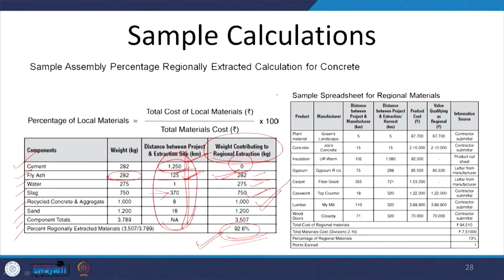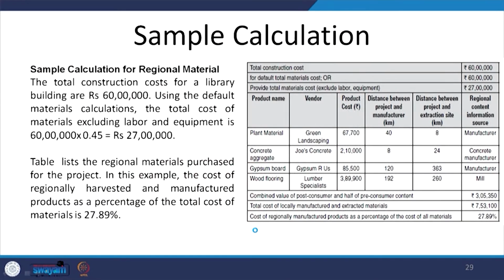Besides taking the weight of the material as compared to the total weight of the materials, we can also go for the percentage cost, which is how most of the calculations are done.